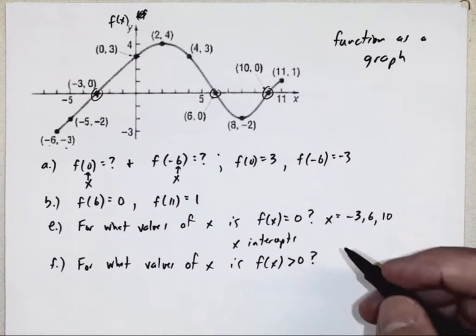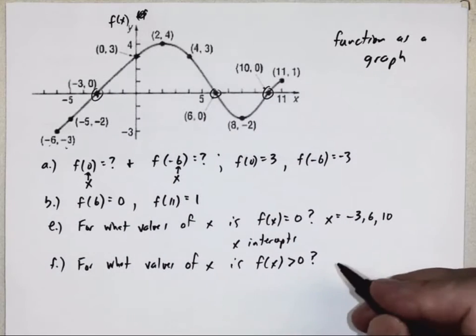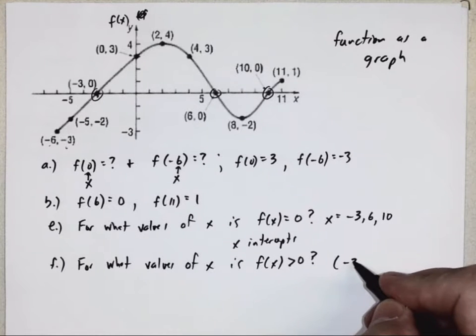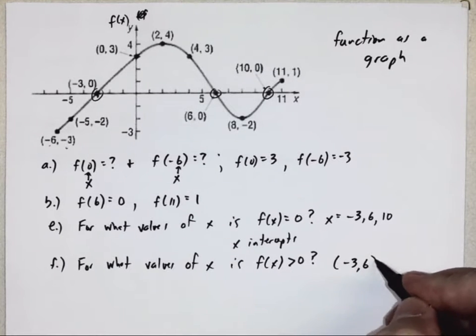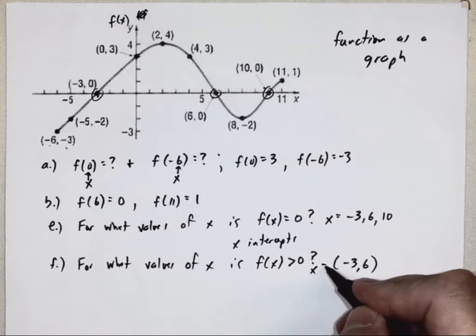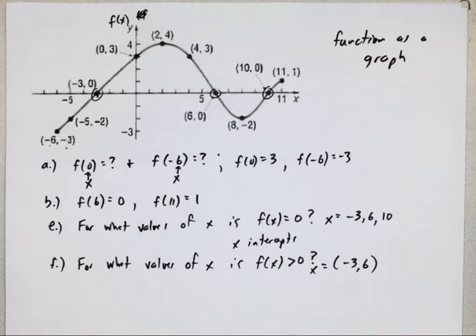If I write that as an interval, I would say if x is between -3 and 6, the function is positive.